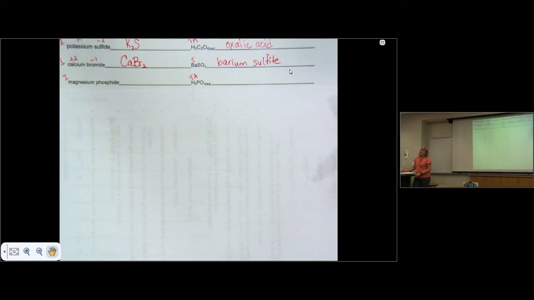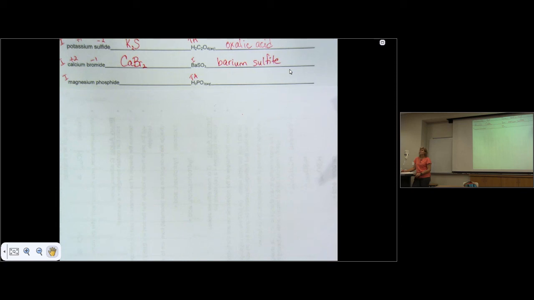What does it say on that non-metal side, up at the top? So those non-metals become negative, and you change their ending to "ide." Those are the only ones you change the ending to "ide."